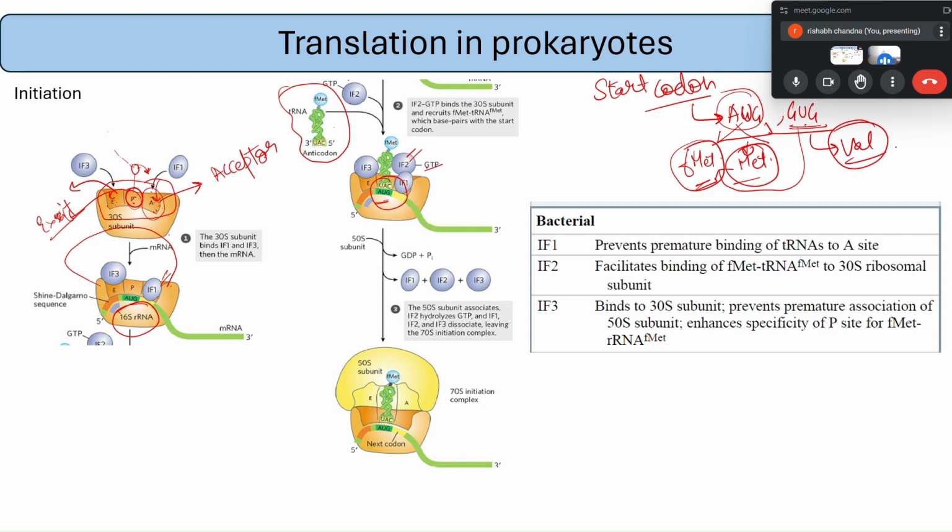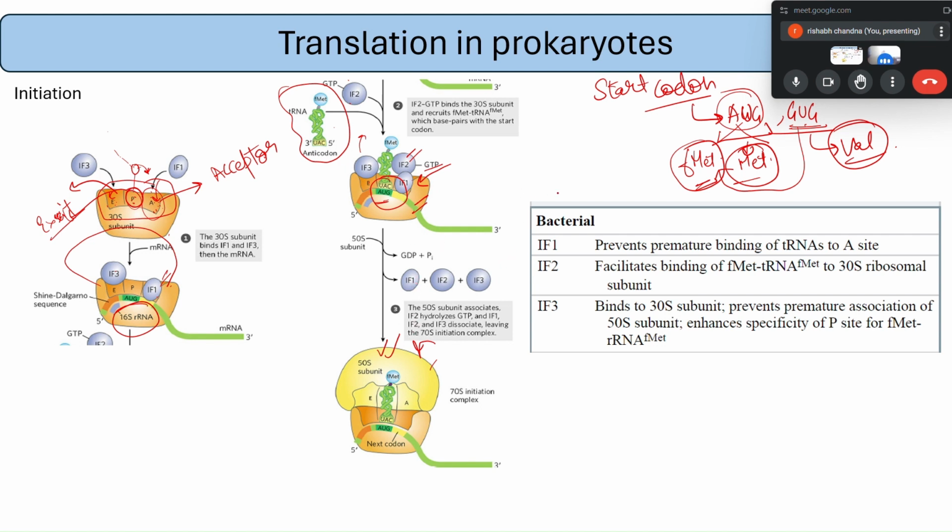So the GTP is hydrolyzed, which leads to the addition of the 50S subunit to the 30S subunit, and here all three initiation factors are released. Why is IF1 released? To facilitate the entry of all other tRNAs that need to be bound to the A site. And IF3 is released due to the addition of the 50S subunit.